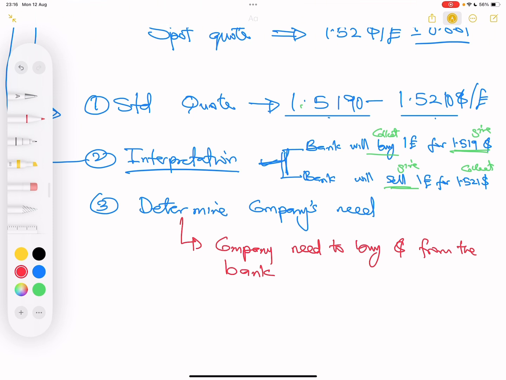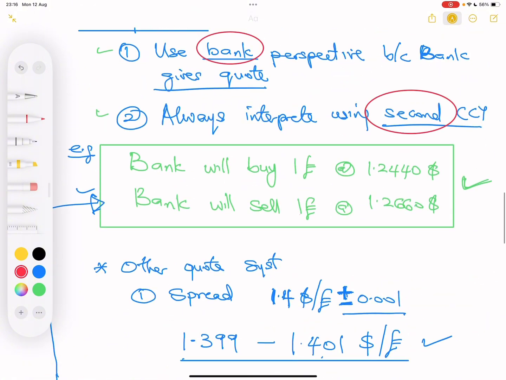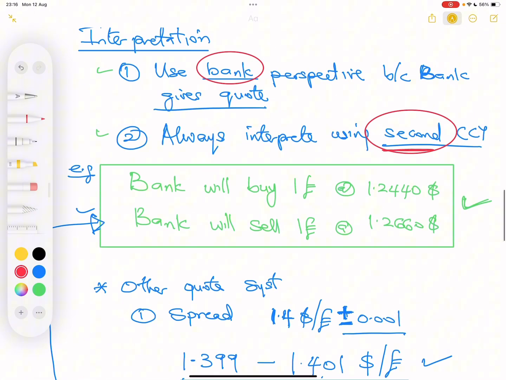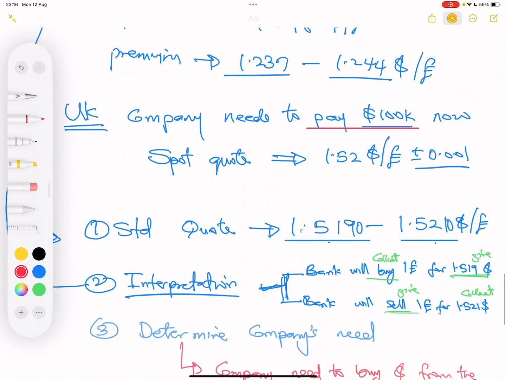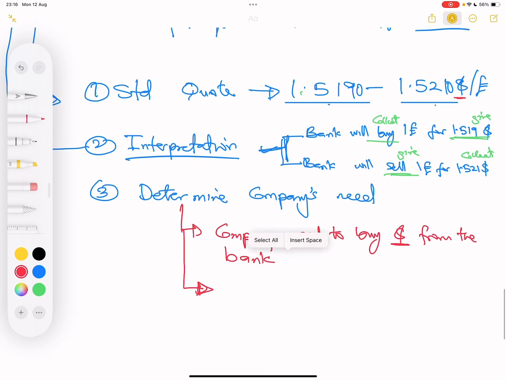But remember, we said we must always interpret our currency using the second currency. Remember this rule: second currency. If you check this quote system, dollar is not our second currency. Dollar is the first currency. So we need to go one more step in this interpretation, in pounds. What is the company going to do in terms of the second currency?